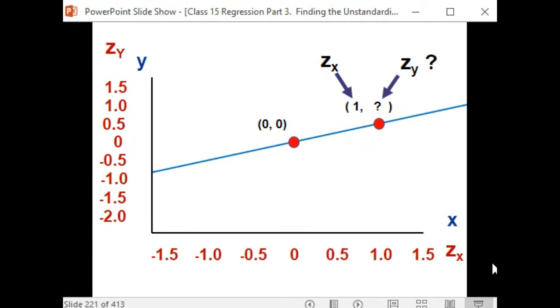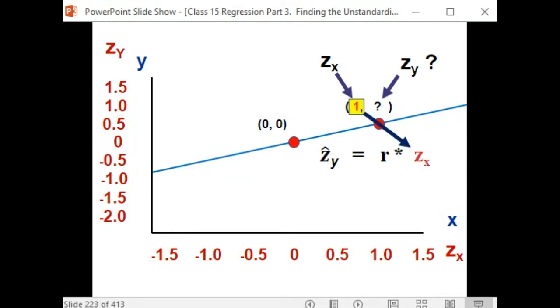But because this point is on the regression line, we can figure out what the z of y is. We'll just use the magic formula. So the predicted value of the z of y is equal to r times the z of x. And we know that because this is the standardized equation for all regression lines.